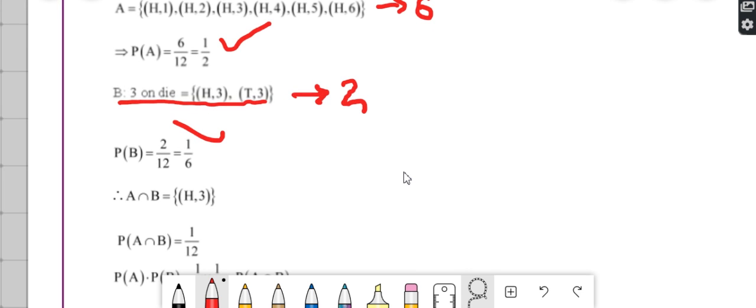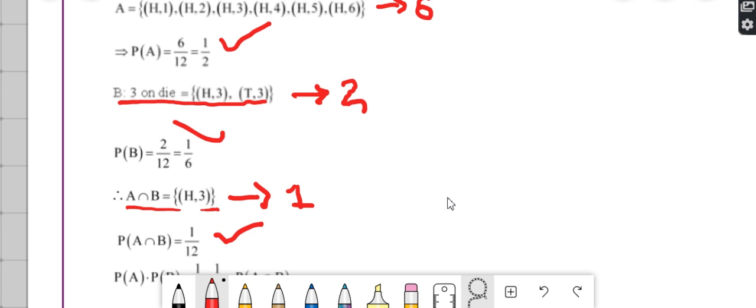A intersection B is H comma 3. That you can understand very easily, because in the intersection only this part is common between A and B. So favorable outcome is 1. So P of A intersection B is 1 upon 12.